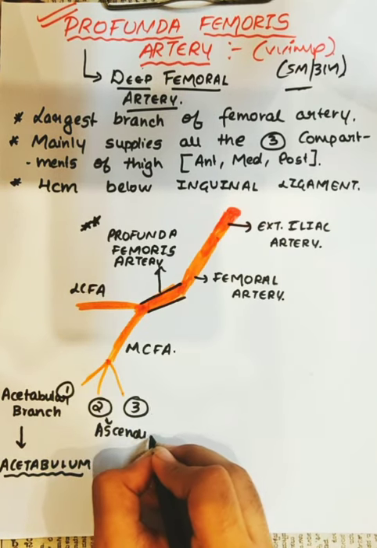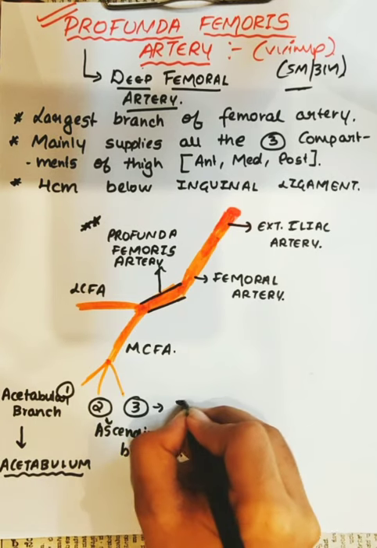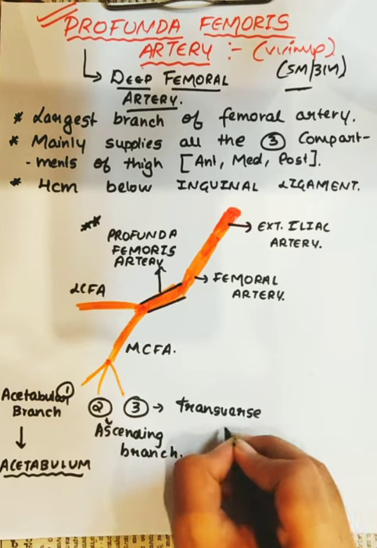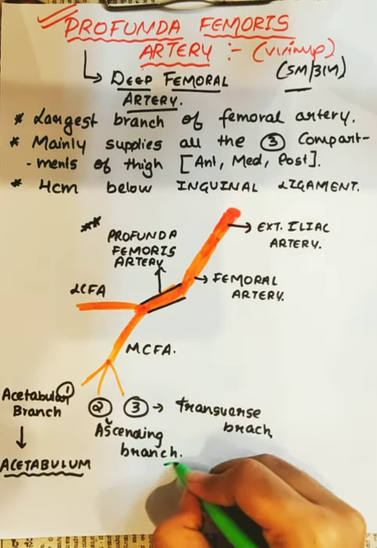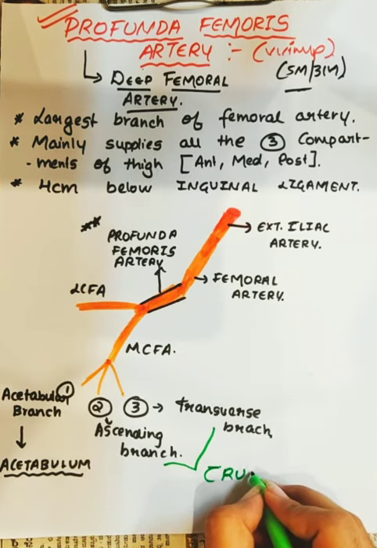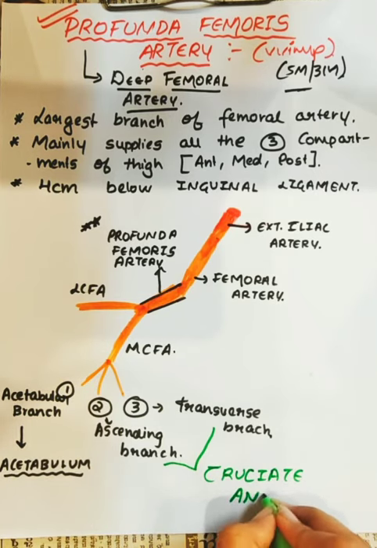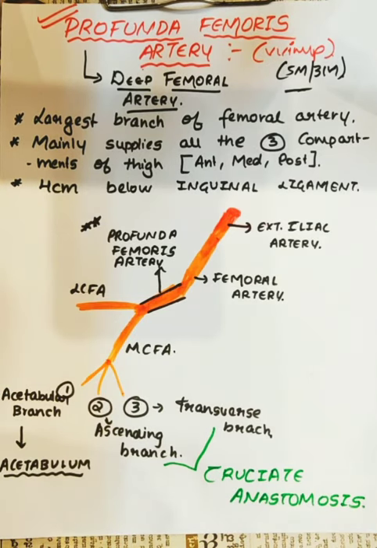Both the ascending branch as well as the transverse branch join together and help in the formation of the cruciate anastomosis.